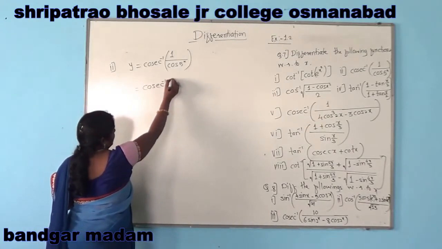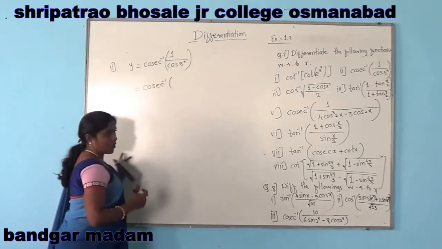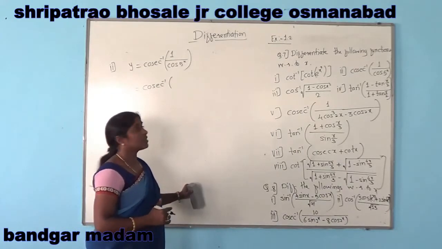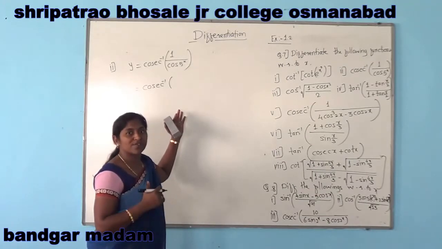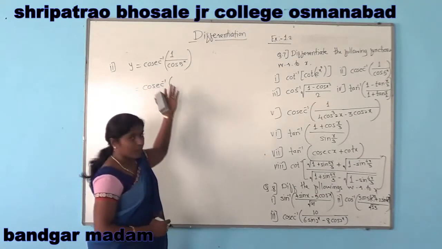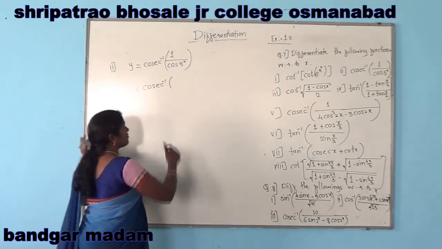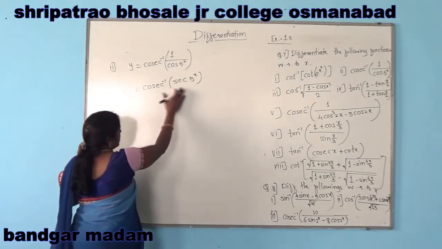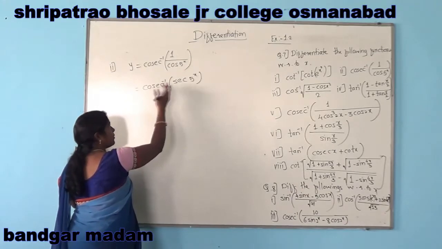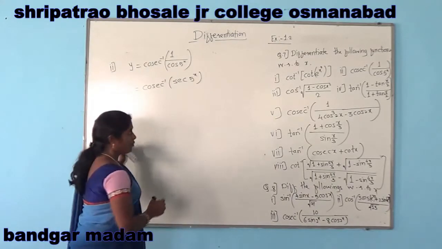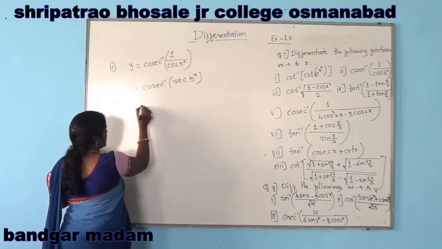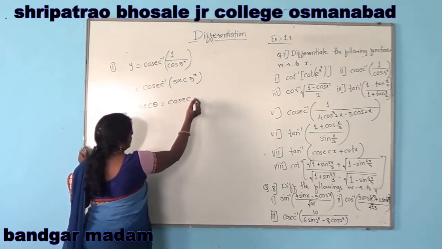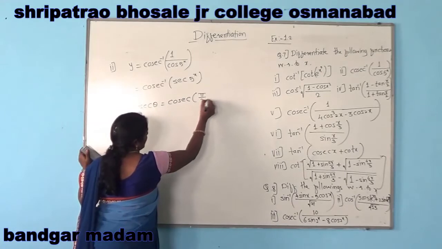So we will take 1 upon cos. 1 upon cos is the reciprocal of cos, which is sec. So 1 upon cos can be written as sec 5 raised to x. Now this sec can be converted into cosec. We know the formula sec theta is cosec of pi by 2 minus theta.